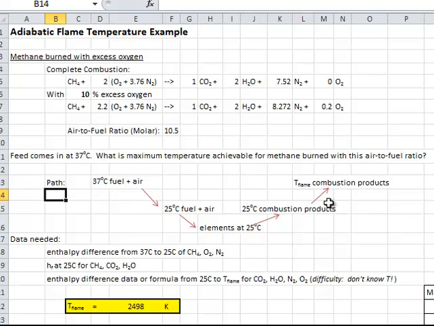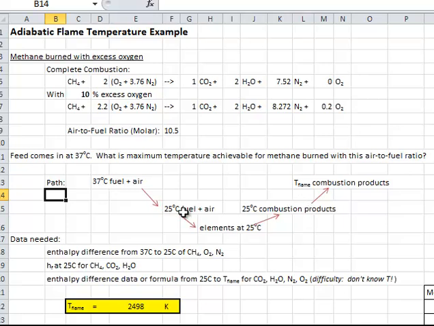This is delta H for my combustion products. These are heats of formation of the reactants, heats of formation of the products. So the data I'm going to need in this case is the enthalpy differences for the feed materials, methane, oxygen, and nitrogen.